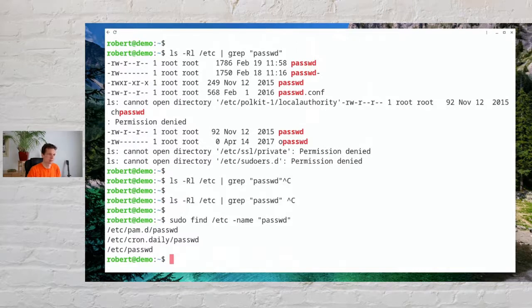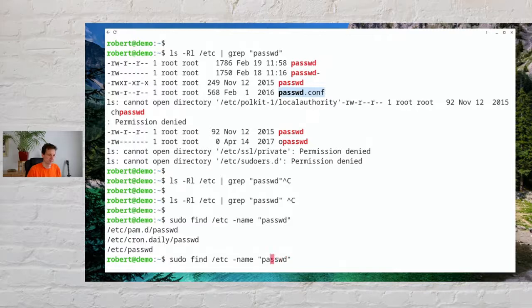Within the last example, within the grep command, I search for files with names containing passwd, so we find passwd.conf2.